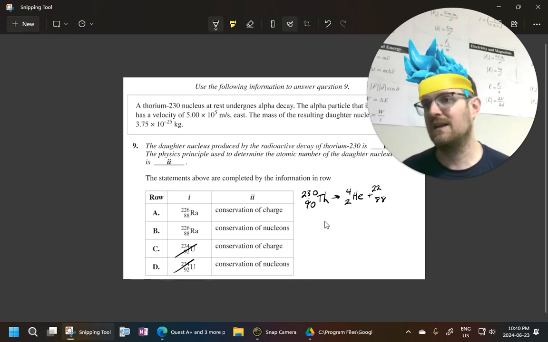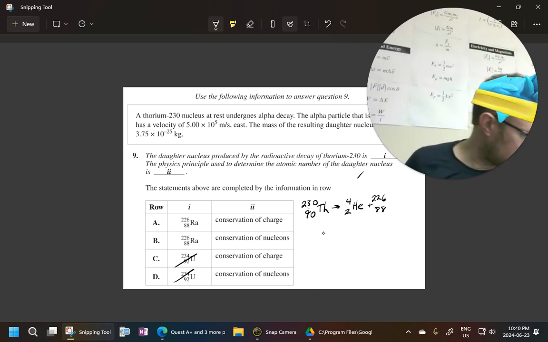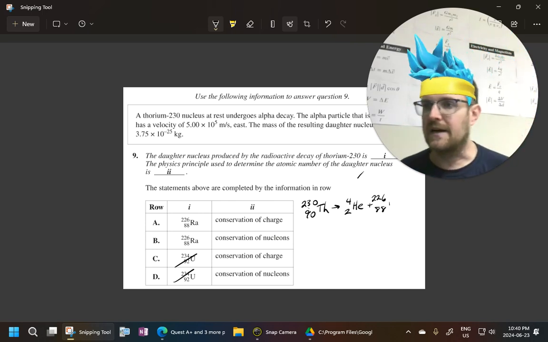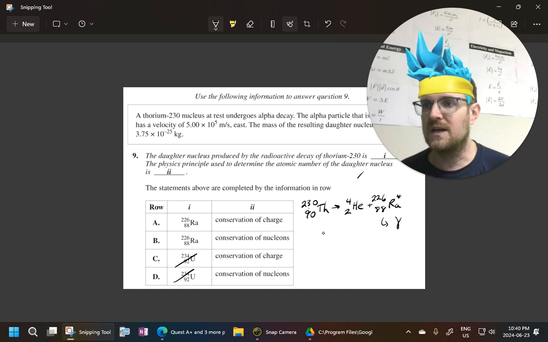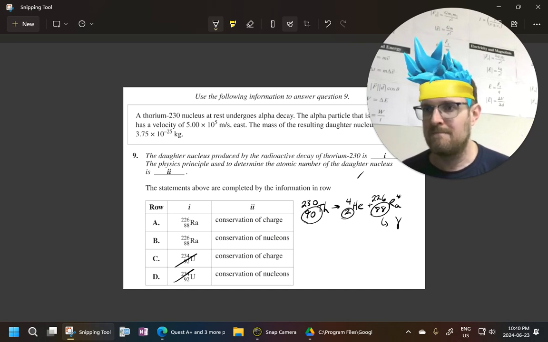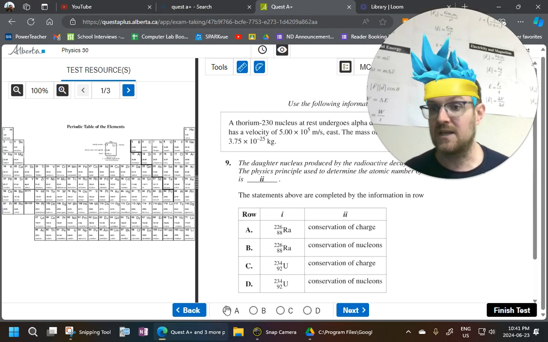And 88, just to make sure, yeah, it's Ra. Now remember, this guy's going to be excited. He's eventually going to release a gamma particle, but I'm not too concerned about that. But those bottom numbers had to add up, because that's the atomic number. We're doing conservation of charge, so that's A. The top numbers are nucleons, the bottom numbers are charge.